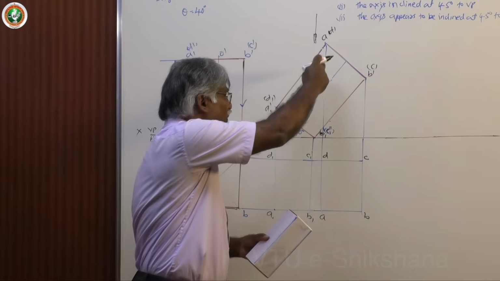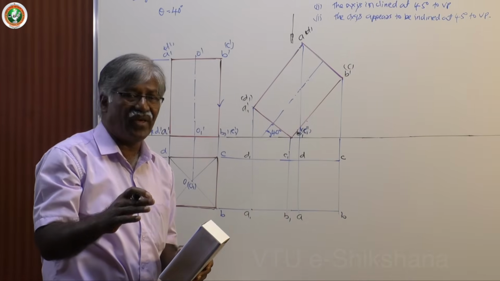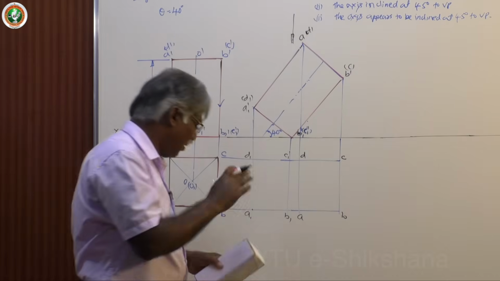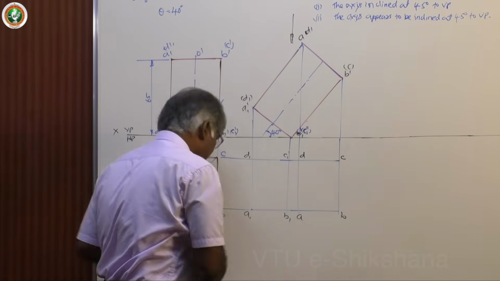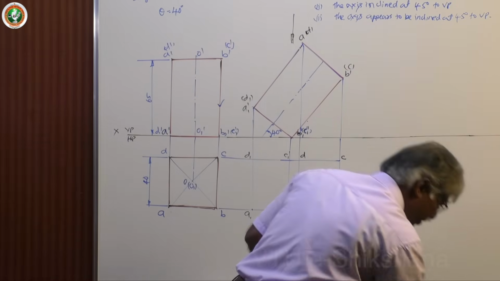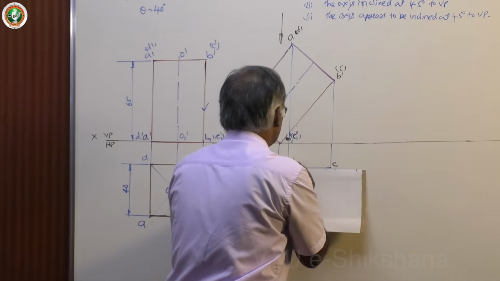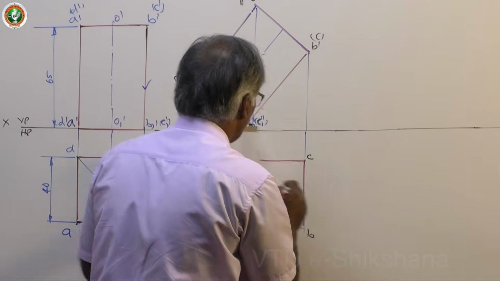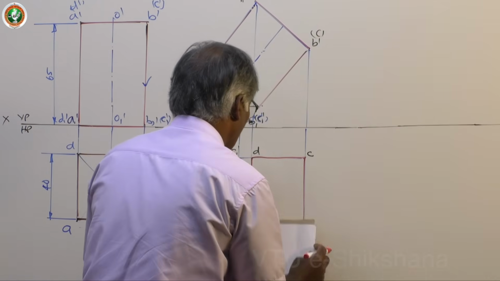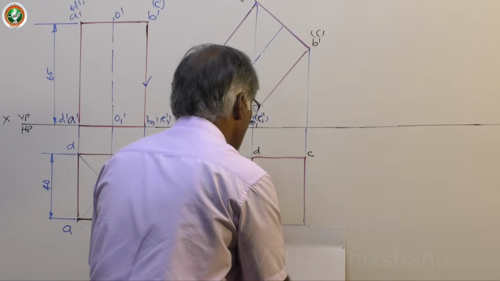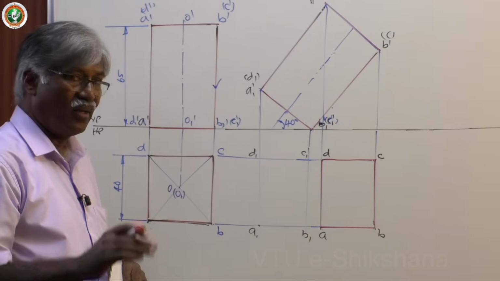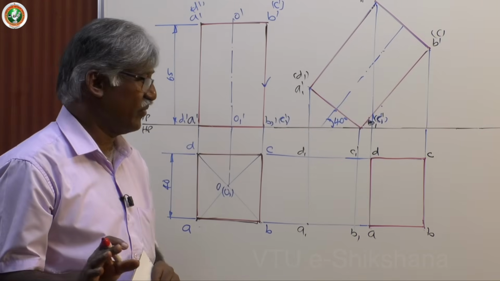We have decided to have the top face as the key surface. Yes, it is visible. Dark that first. Then I dark that portion. This is the basic requirement. Dark the visible key surface.